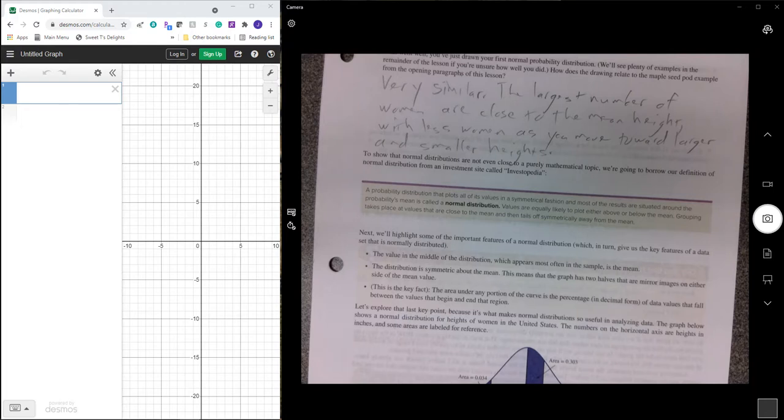It's called a normal distribution. Values are equally likely to plot either above or below the mean. Grouping takes place at values that are close to the mean and then tails off symmetrically away from the mean.